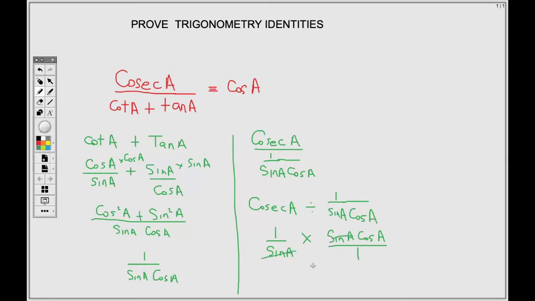Now the sine A cancels, so all we're left with is cos A. And that is it. As you can see, we have proven that the left hand side is equal to the right hand side.